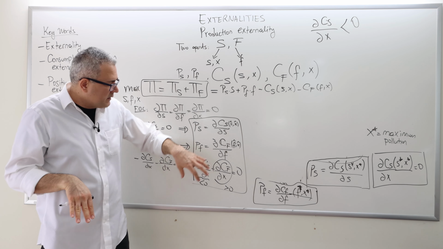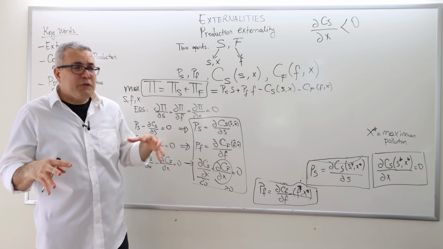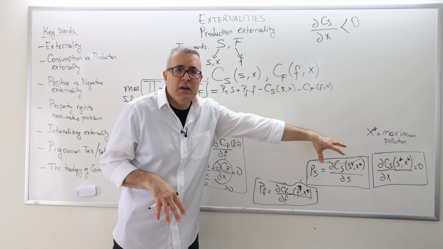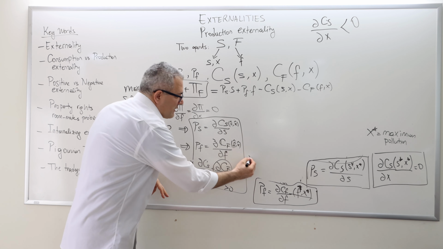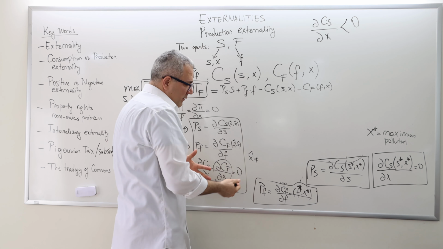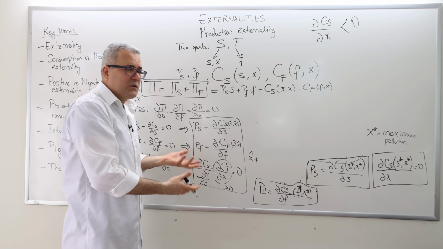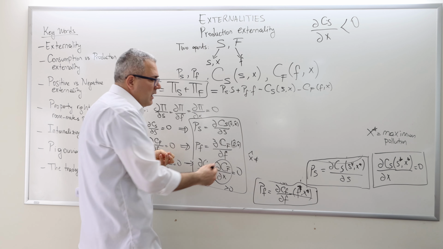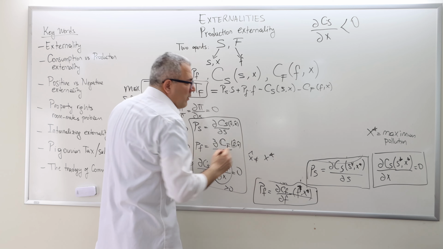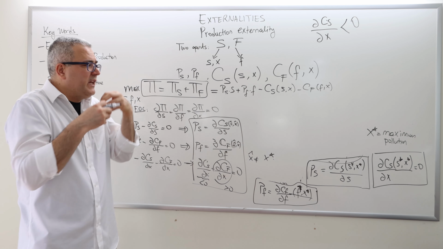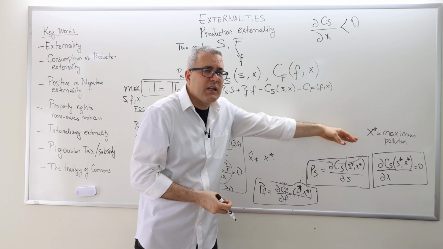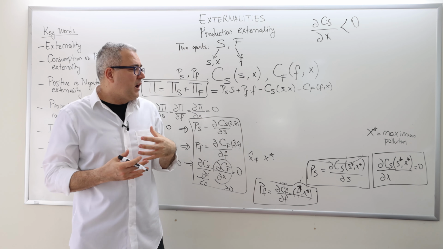So therefore, the solution here is going to be different than the solution there. The solution here, the X hat, obviously depends on the specific cost functions, but it's not going to be X star, all right? And in fact, I think it's already intuitive that this is not going to be Pareto efficient.